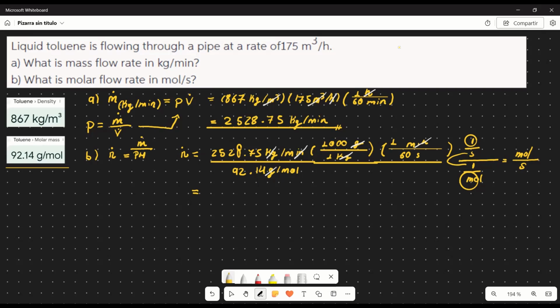Finally, we divide that by the molar mass in grams per mole, which gives us 457.41 moles per second flowing through.